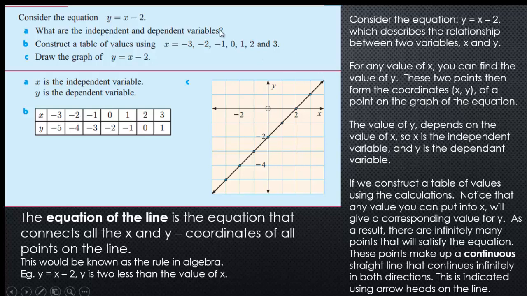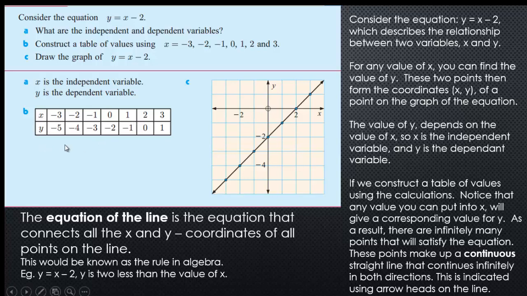So once you've done that, using these values of x, and you create this input-output table of values, you then have your input-output in ordered pairs of (-3, -5), (-2, -4), (-1, -3), and so on. So because this value of y is dependent on what this value of x is, that makes x our independent variable and y the dependent variable.